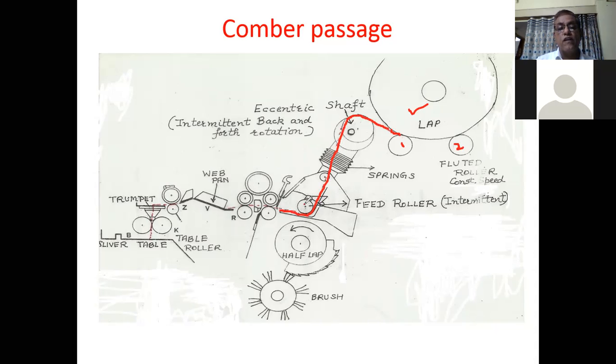This is the feed roller, which rotates intermittently as per the design of the machine.